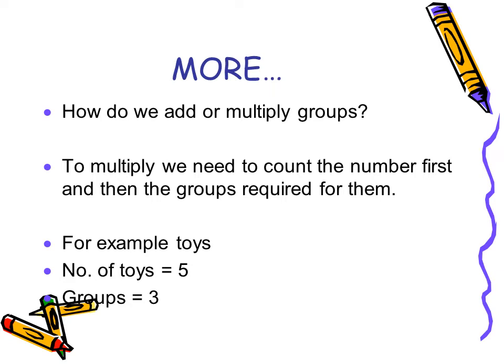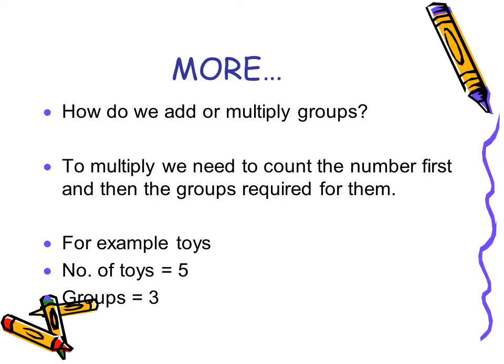For example, if we take toys, there are different numbers of toys you have at home. Suppose you have 5 toys in each group. You have 5 cars, 5 dolls and 5 blocks. Now we have divided them into 3 groups.